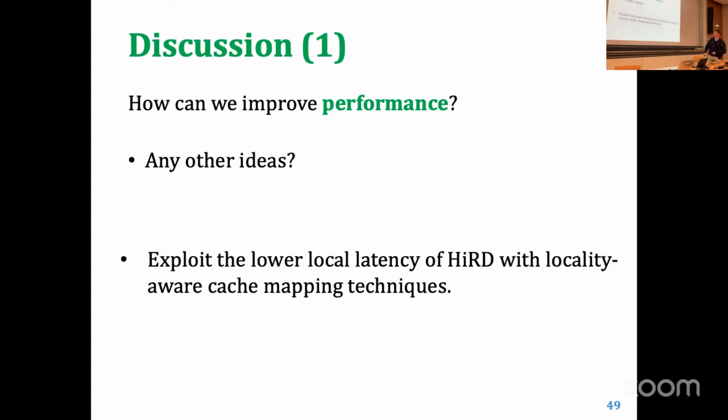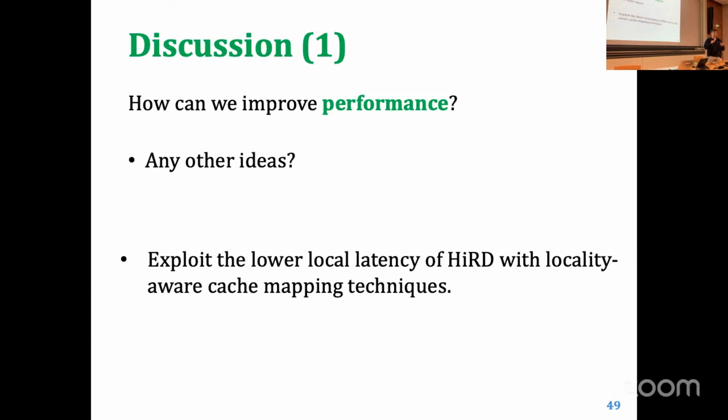Okay, so just one more thing, which is something the paper recommends. We can have some improvement in performance if we exploit the locality of the hierarchical ring, which basically means that if we want to access data from a cache, let's say, we can use a cache that is very close to the local ring, because that's where hierarchical rings really shine.